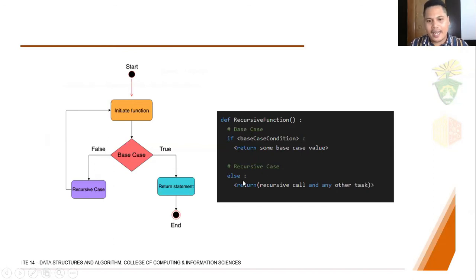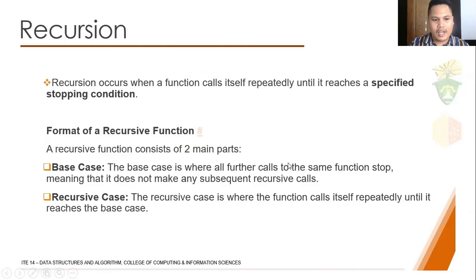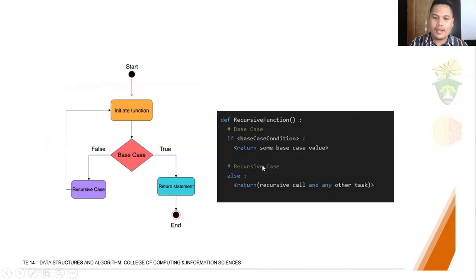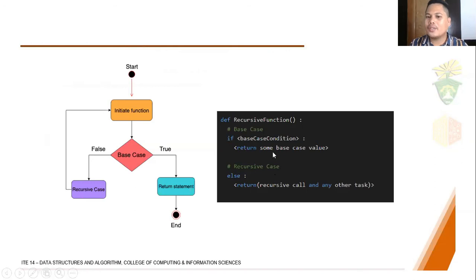Then we have else. So mao na siya ang katong recursive call. So it's the recursive case. So for the recursive case, else if wala pa nato na-reach ang atong base case condition or katong mga values nga dili na dapat ta mag-execute sa atong recursive call. So therefore, if wala pa to na-abot nga point or katong mga values, pwede pa ta maka-continue.